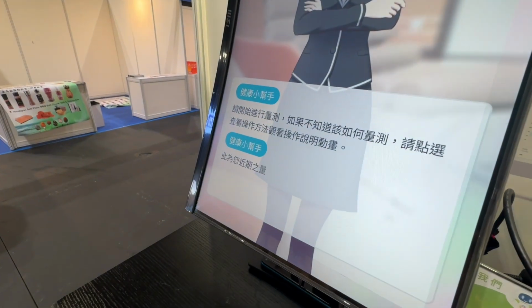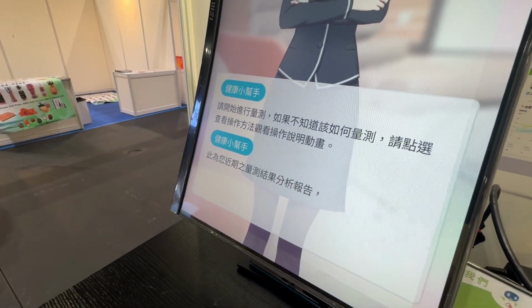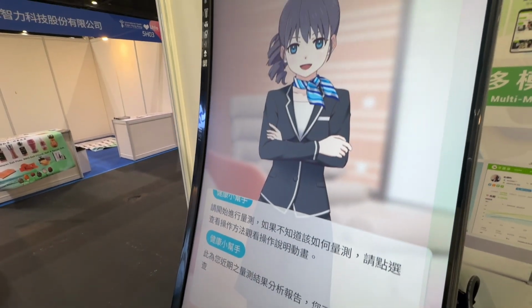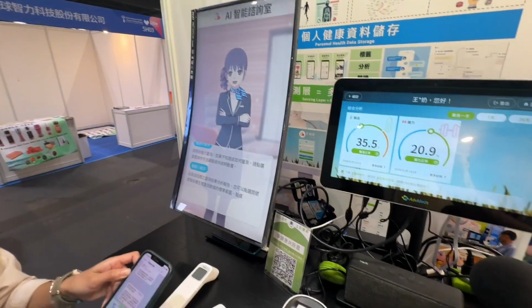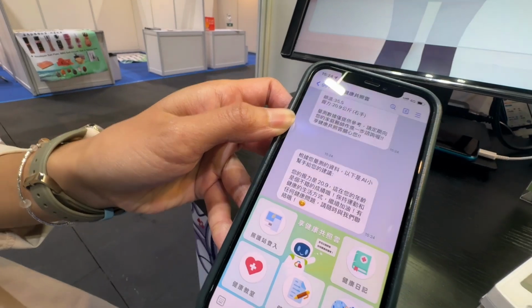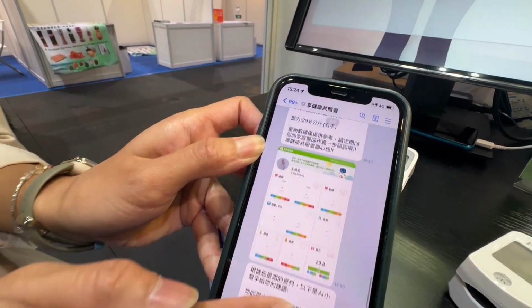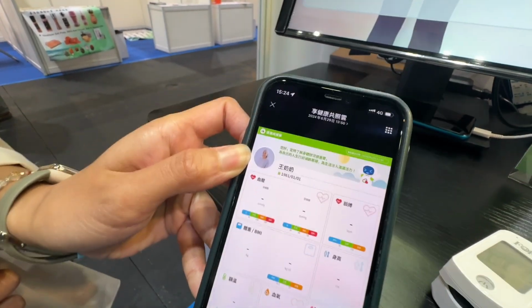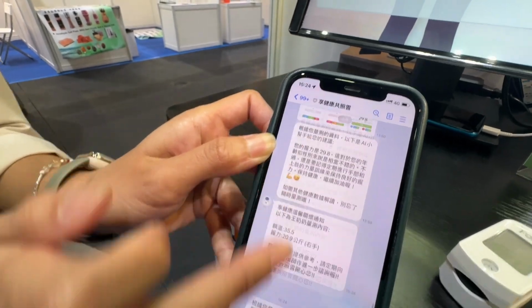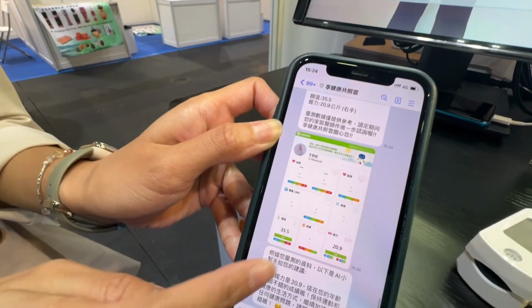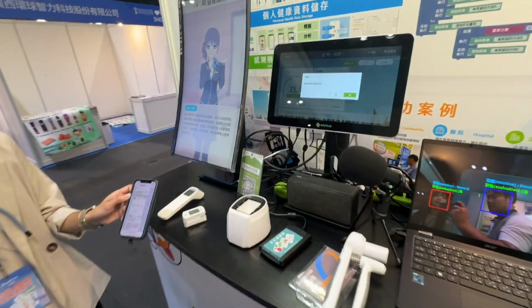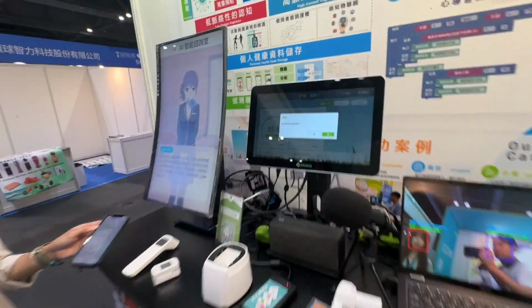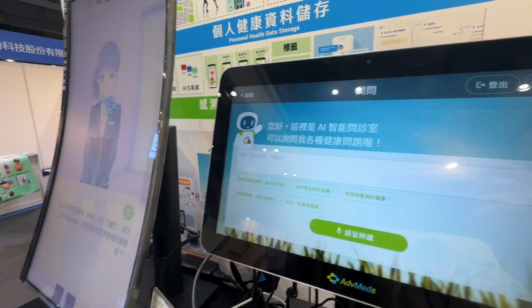Through this, whenever the patients measure their vital signs, they can immediately store them in the app system. So they can load and find their data in their own app. Then it is analyzed through AI, and they can have immediate feedback about their bodily or physical conditions.